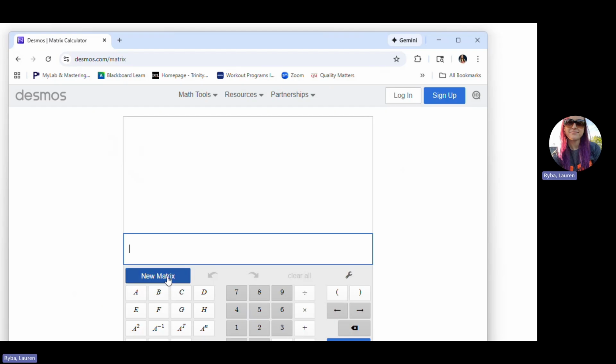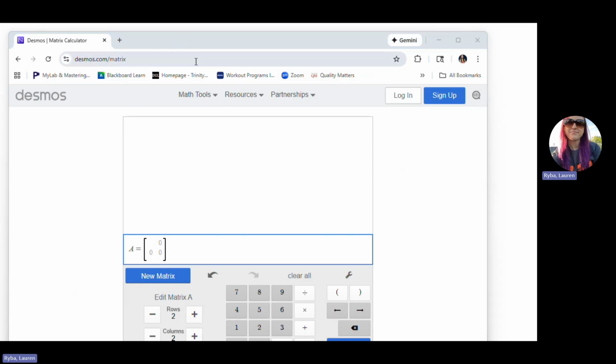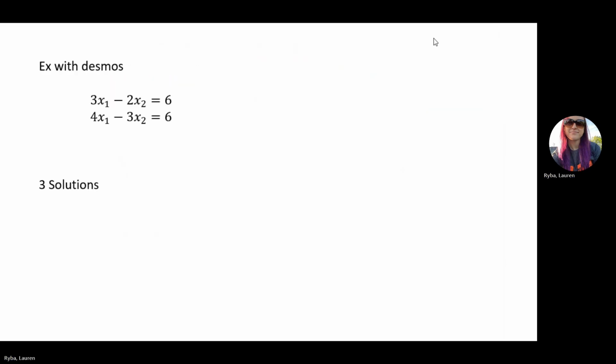So what I'm going to do is I'm going to type, I will have a new matrix. This is a matrix, right? 3, -2, 6, 4, -3, 6. I'm going to enter that matrix into my calculator.